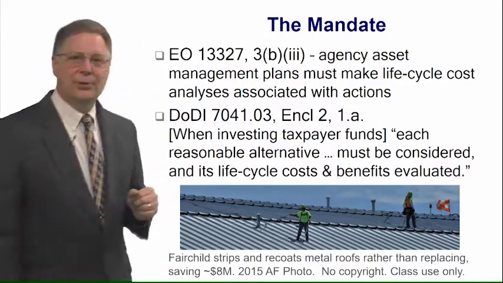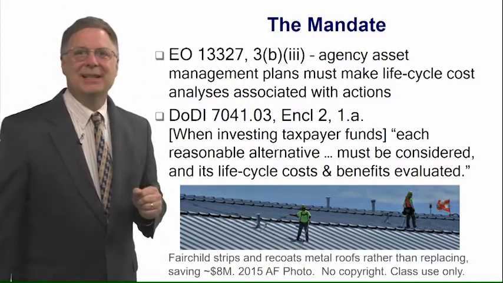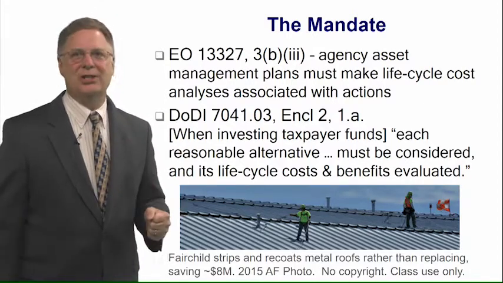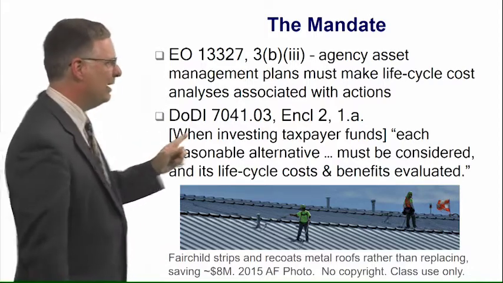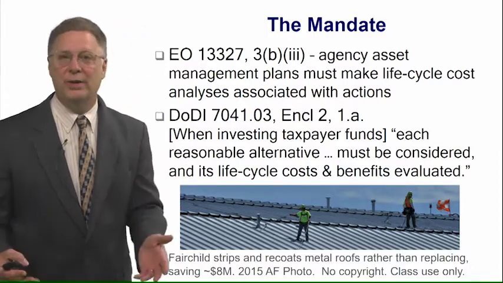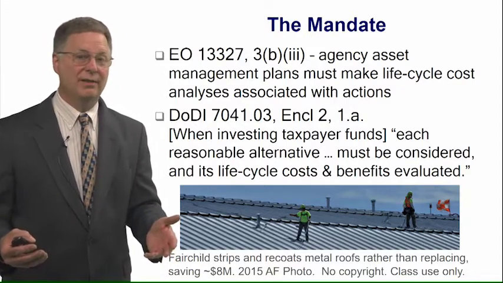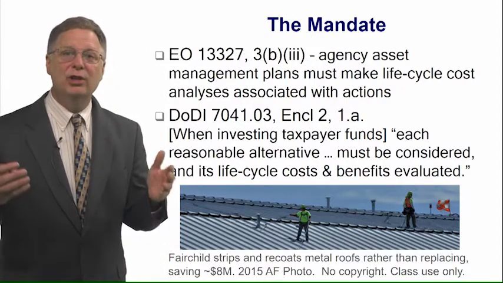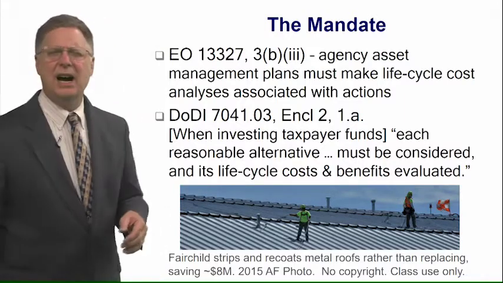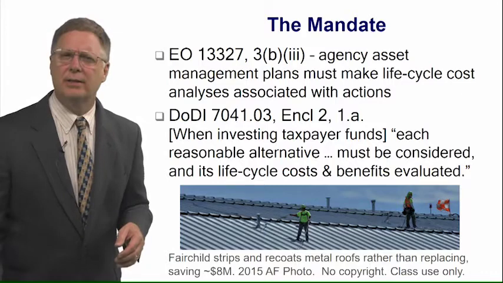Executive Order 13327 states that we are going to make decisions based upon life cycle cost analyses. Then we have a DOD instruction that says that essentially you're going to be considering all of the reasonable alternatives when you're making decisions and investing taxpayer funds, and you're going to use the entire life cycle costs to do so. Sounds pretty high level and esoteric, doesn't it?